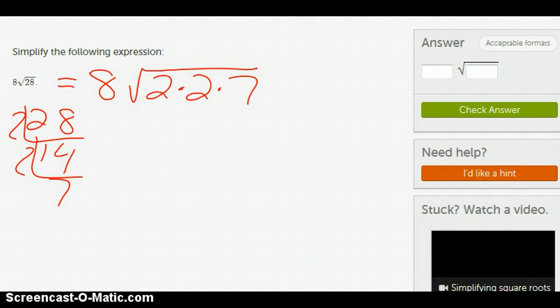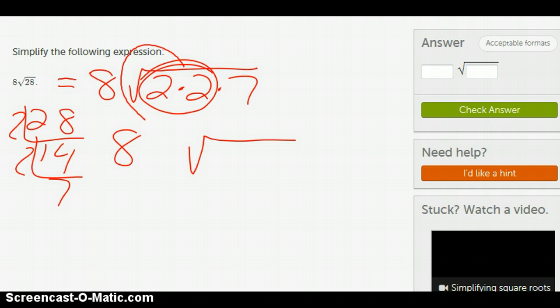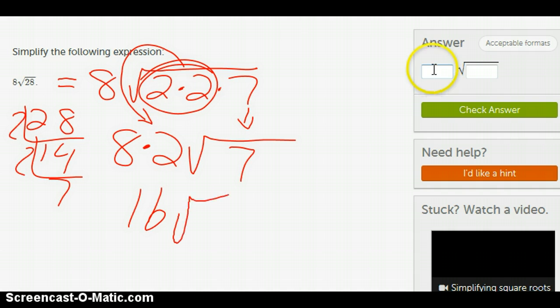When we do the square root, we're going to have 8 and the square root. You need 2 numbers to pull out 1. The 7 will be left over. So you get 16 times the square root of 7.